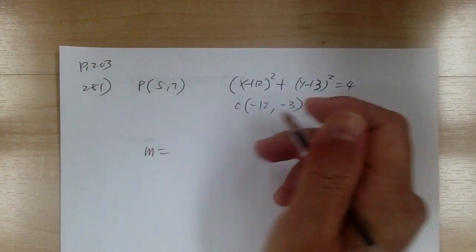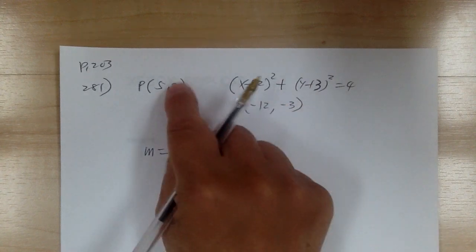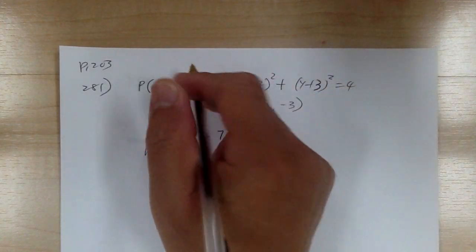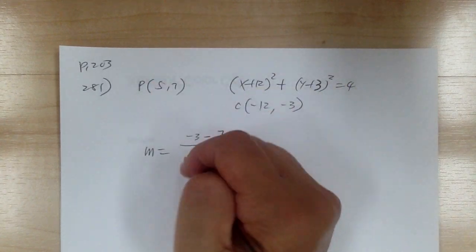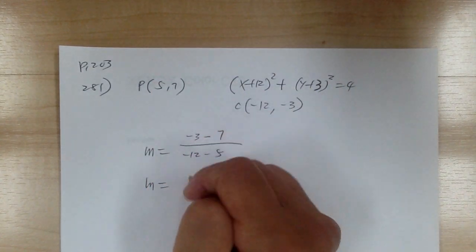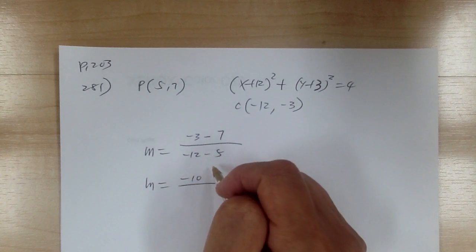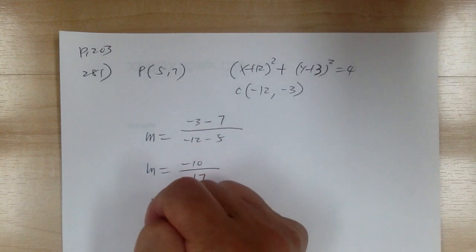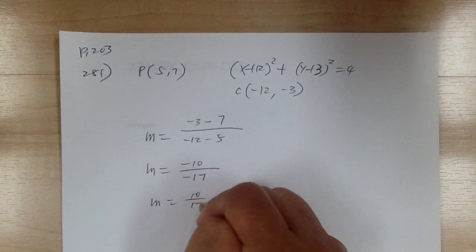So slope equal to y2 minus y1 over x2 minus x1. So the slope is going to be equal to negative 10 over negative 17. So slope equal to 10 over 17.